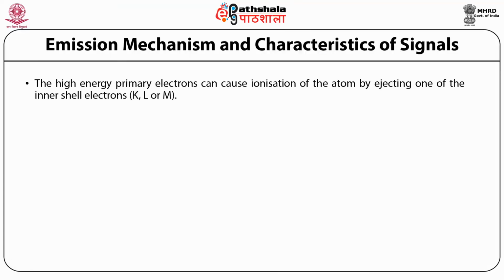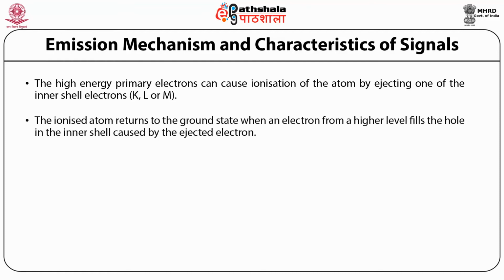The high energy primary electrons can cause ionization of the atom by ejecting one of the inner shell electrons, that is K, L or M. The ionized atom returns to the ground state when an electron from a higher level fills the hole in the inner shell caused by the ejected electron.